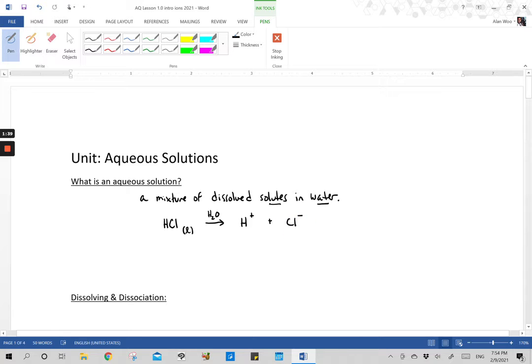These ions are said to be dissolved, and the state they're in is an aqueous state. So by combining a liquid with water, we have made an aqueous solution. This part here generally represents the aqueous solution.